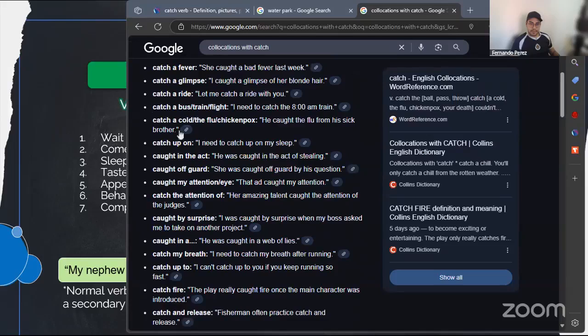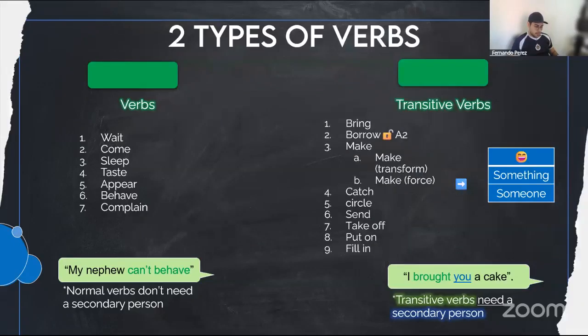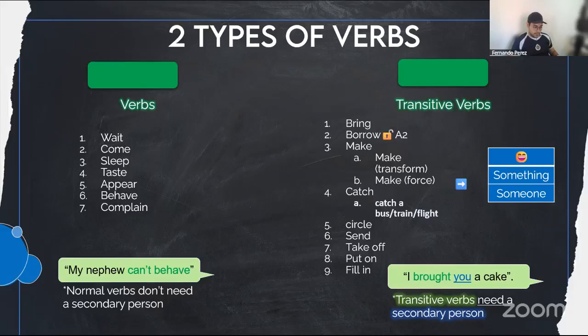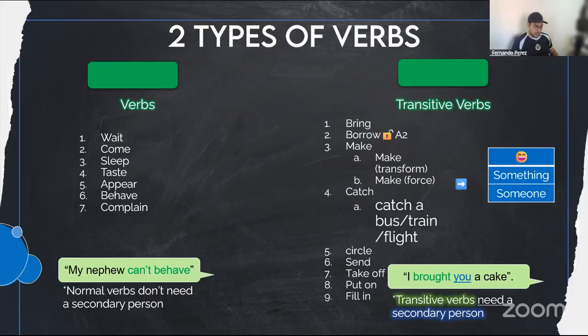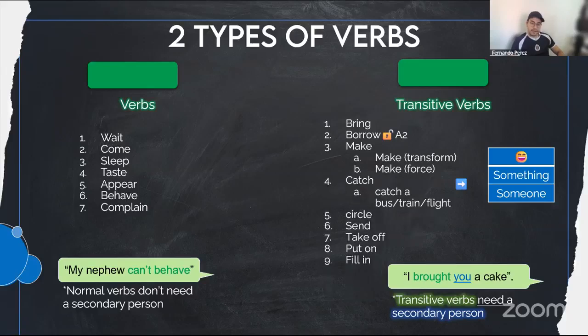For example, the first one I like is to catch a bus. That's a useful one. Catch a bus, catch a train, or catch a flight, when you are going very fast to catch this transportation.